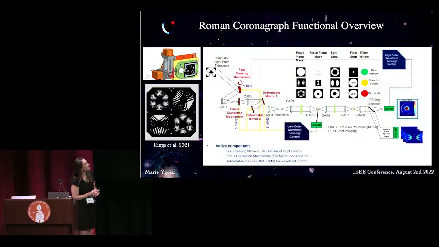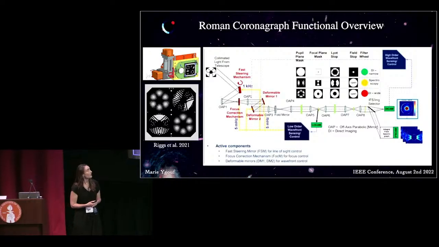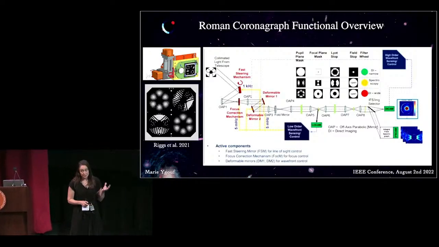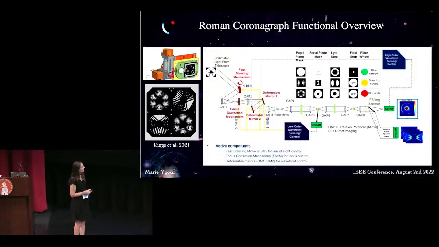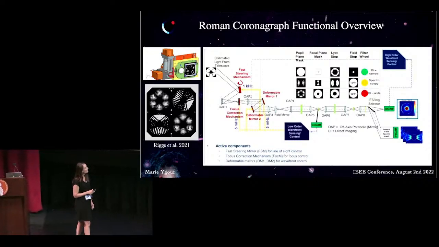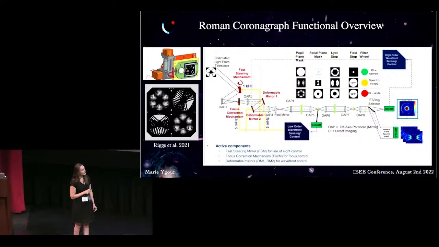All right. So here is an overview of how the Roman coronagraph will work. Here you have, first thing, the coronagraphs themselves with the pupil plane masks. You have 3 different modes that are shown here. You have more modes than that, but those are the fully, I would say, supported modes: an imaging mode, a spectroscopic mode, and another wide imaging mode.